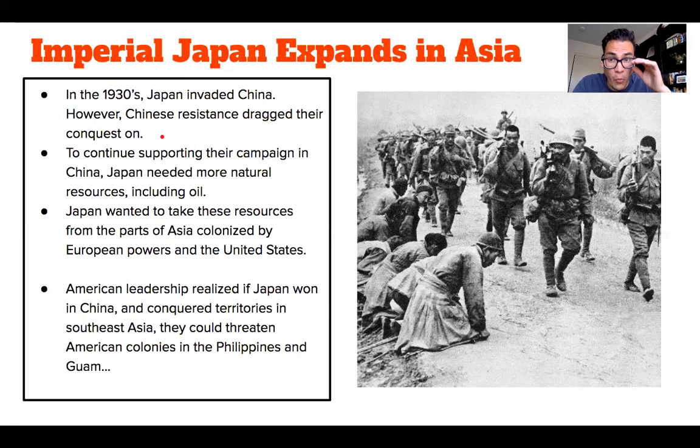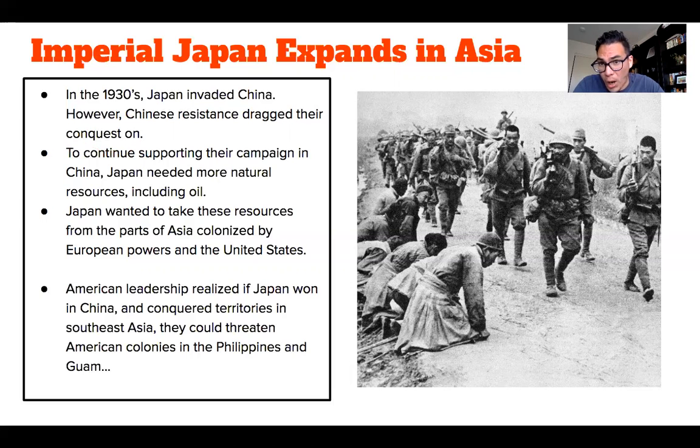Now, the problem with a war going on for too long is that eventually you start running out of resources. And that's what ends up happening with Japan. So to continue supporting their campaign in China, Japan is going to need more natural resources, including oil. Japan wants to get these resources from other parts of Asia.